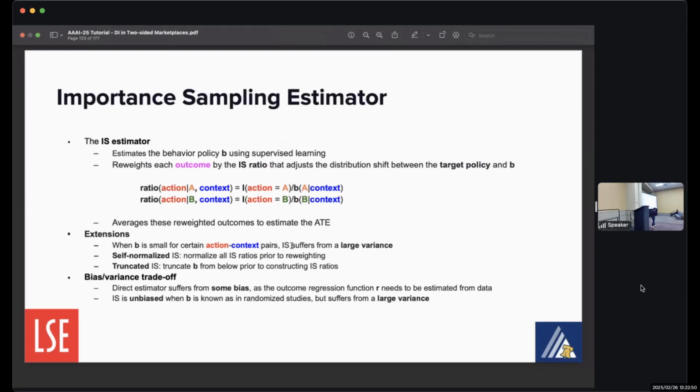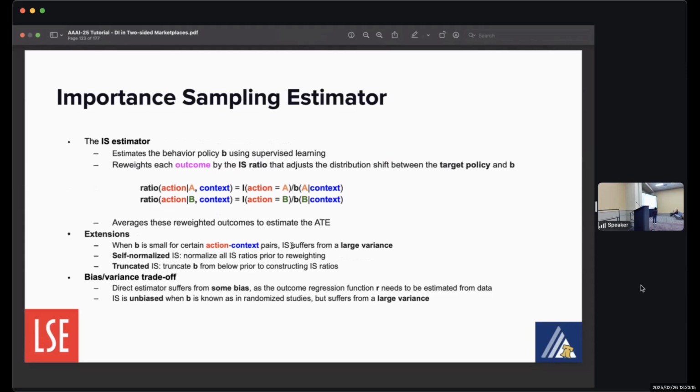Now, the second estimator corresponds to the importance sampling estimator. It requires estimating the behavior policy, again using supervised learning. Just to remind you, the behavior policy corresponds to the probability of choosing each action given the contextual variable. You can use classification methods to estimate the behavior policy.